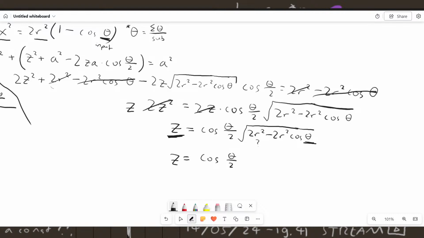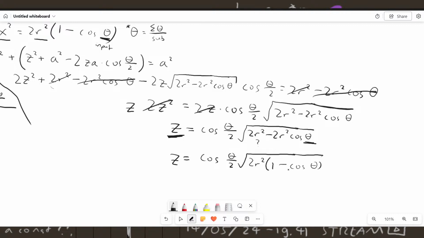There should be something, right? But I forgot. Okay, so this is a 2r squared of 1 minus cosine theta. And 1 minus cosine theta shouldn't be able to be turned into anything, as far as I know. Right? Oh man, I don't know.